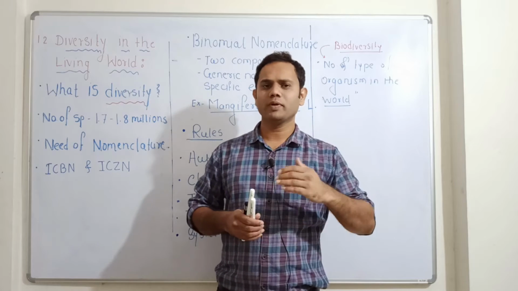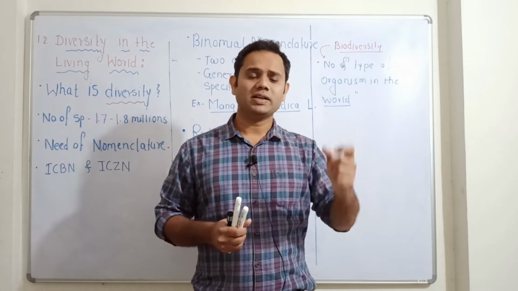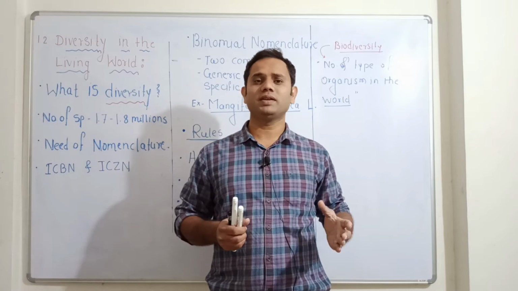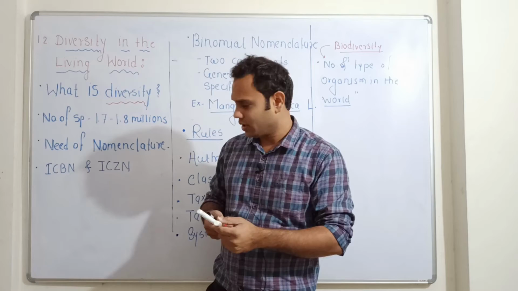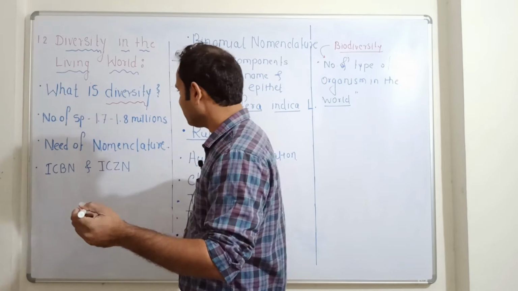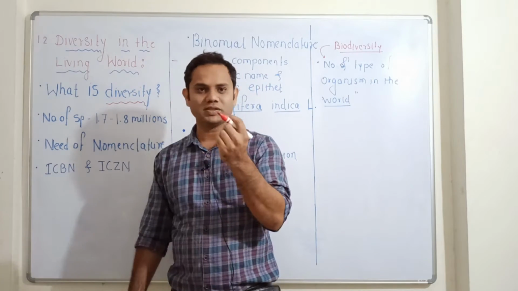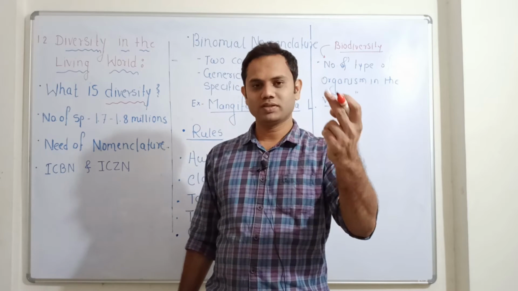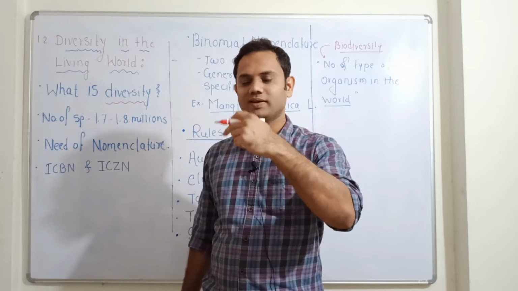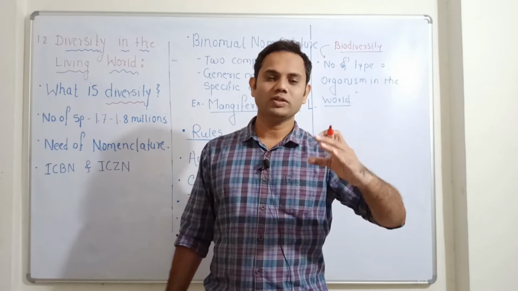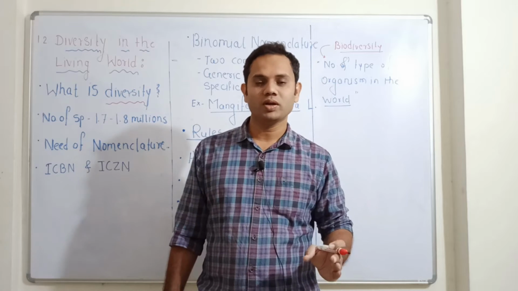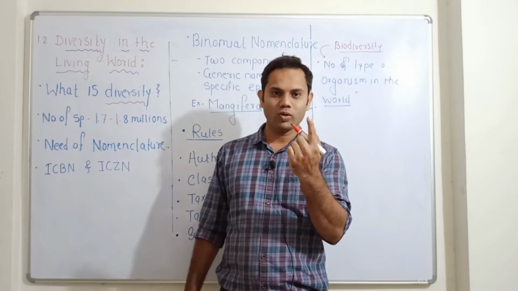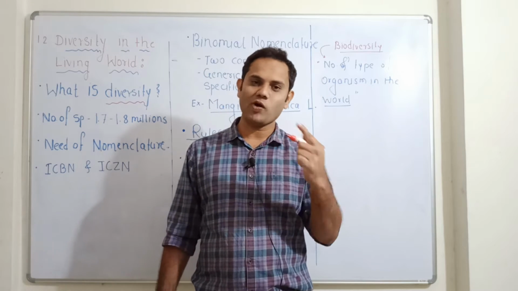So if you look around, you will find a tremendous biodiversity that exists in this world. If you count the number of species, each and every species, if it is a cat, that corresponds to 1, if it is a dog, 2, elephant 3, tiger 4. In that fashion, each type of organism is one species.